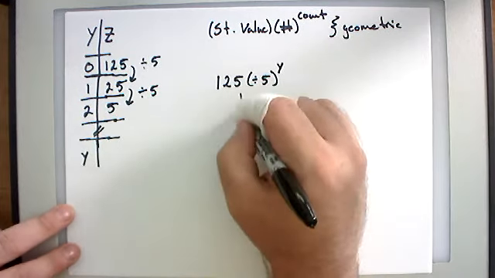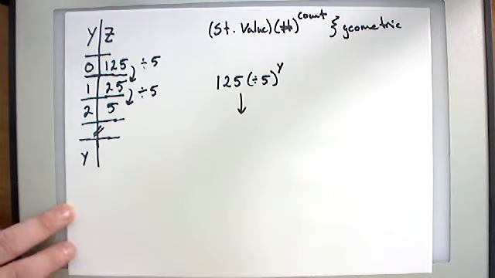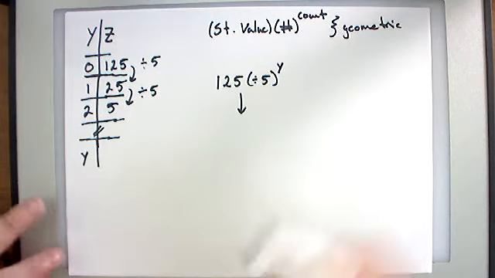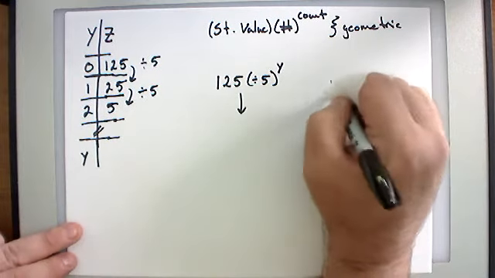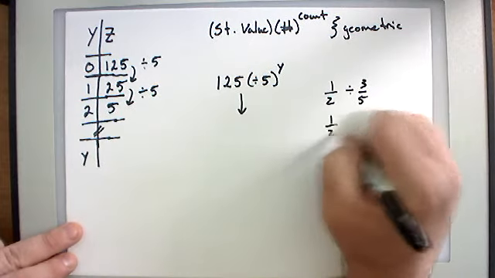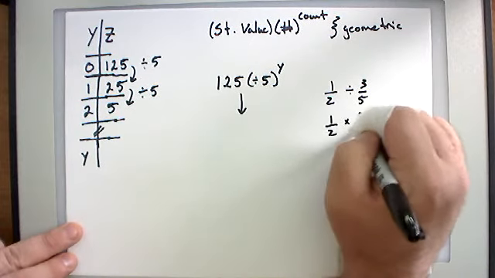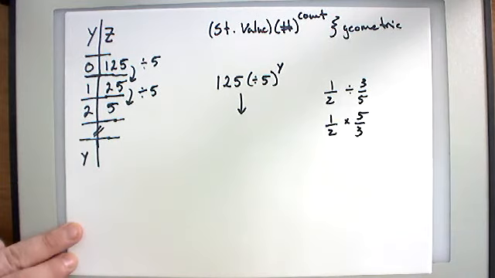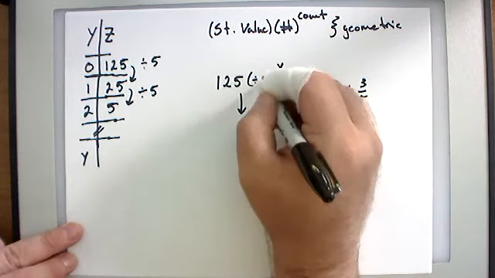So here's the trick. How can you write this as multiplication? Think back. We've actually already talked about this. When did we take division and rewrite it as multiplication? When we did fractions. Just for a second off to the side here, let's say I said 1/2 divided by 3/5. Don't you change it to times and flip the second fraction? Well, that's what we're going to do here.